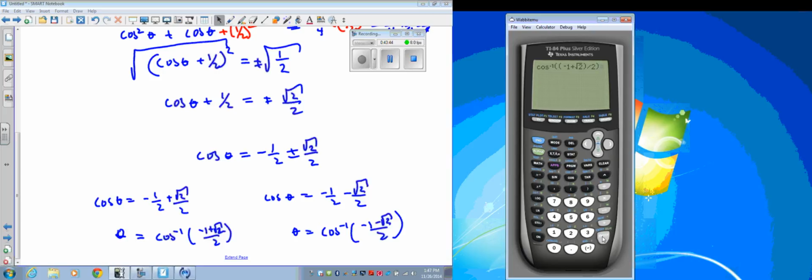I got enough brackets. And I had the stinking thing in the radian mode, right?